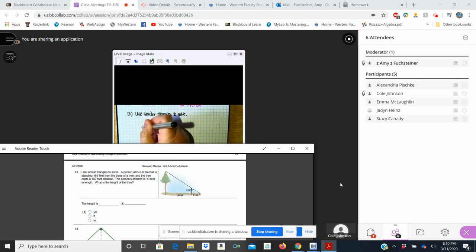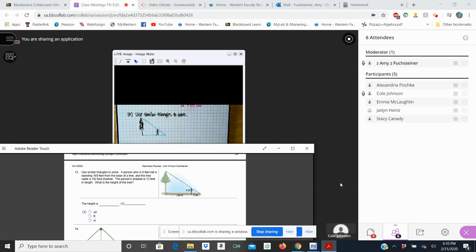All right, so number 13 has given us a very tall tree. And then it's given us a stick person. And it's used this to create, yeah, you know it, cool. So from the top of the tree through the person, we're going to get a shadow.